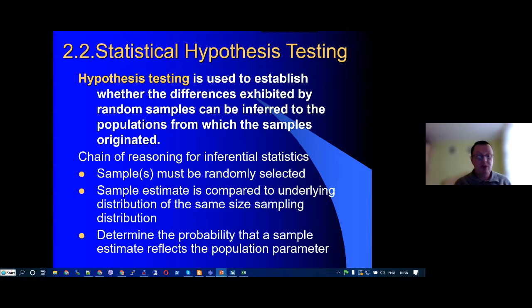The term of normal distribution is very important in the process of performing hypothesis testing. In general, statistical hypothesis testing is used to establish conclusions on whether the difference exhibited by random samples can be inferred to the population from which the samples originate.